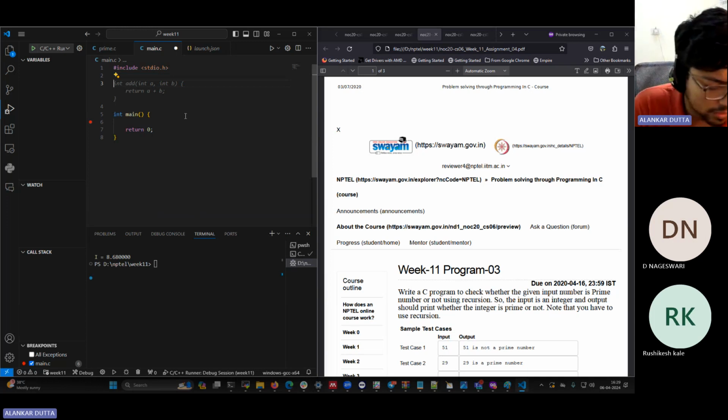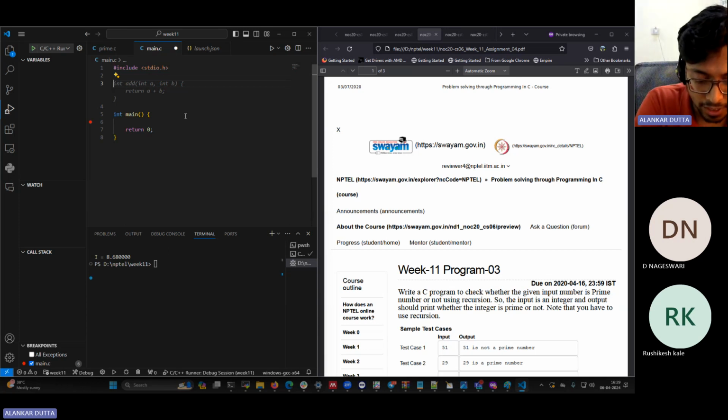This is something called, I think if I remember correctly, school's method, where what you do is that you keep on dividing a number by all the values starting from 2 to a value which is root n, and if any of the numbers from 2 to root n divides the number n, then you will know that this is not a prime number.